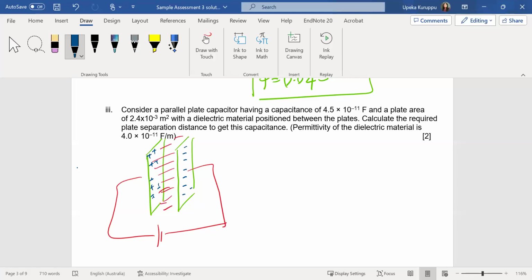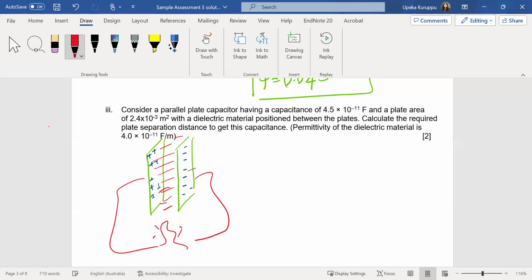Then you can connect it to something, for example a bulb, so the electrons will flow in this direction and the bulb will light up. And it only happens until all the electrons have flowed.